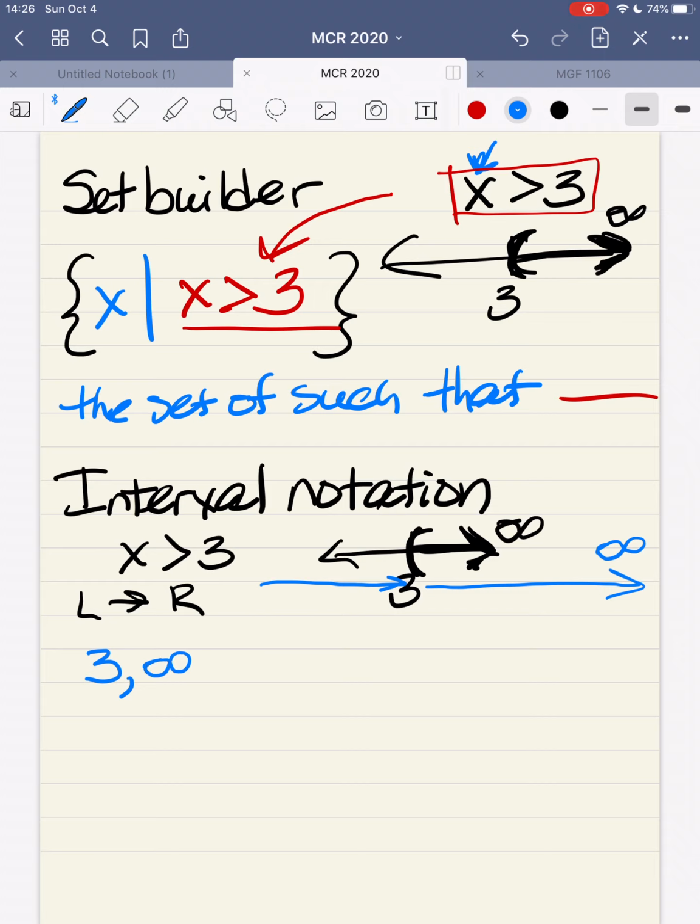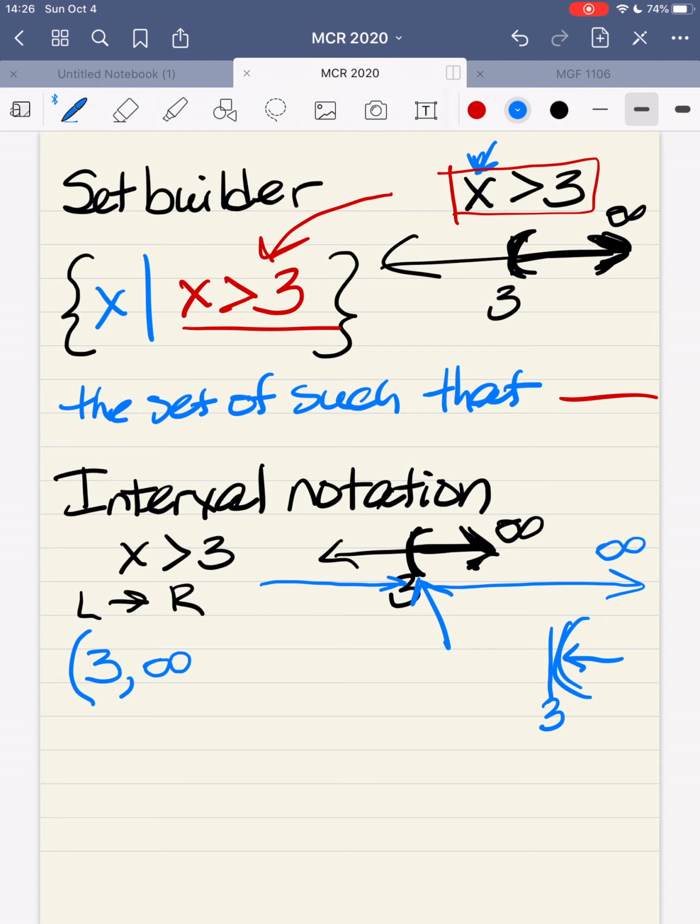Now the parenthesis we used in our graphing, this parenthesis, is going to be at the 3 because we can push really, really close to 3, so that's kind of what the parenthesis does. If I have a parenthesis, I can push and push and push that barrier, but at 3, I'm not going to get there, but I can get really, really, really close.